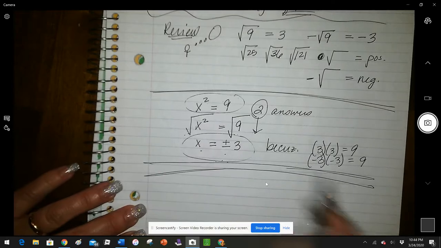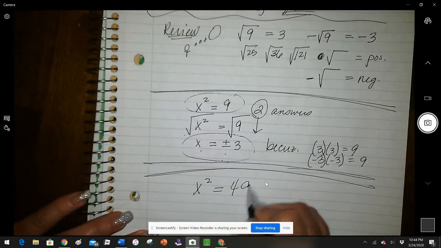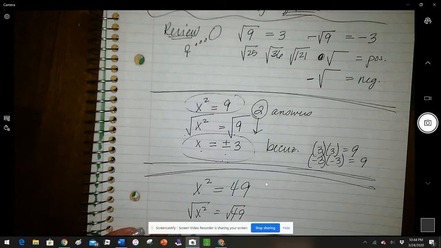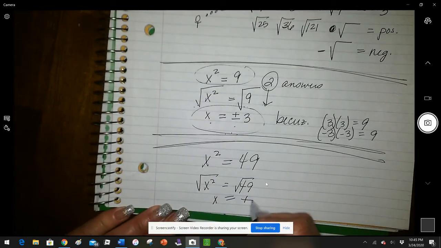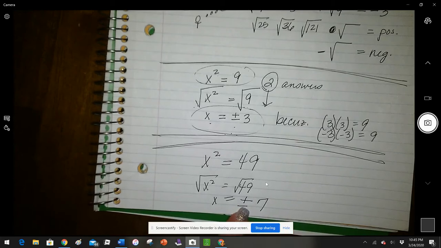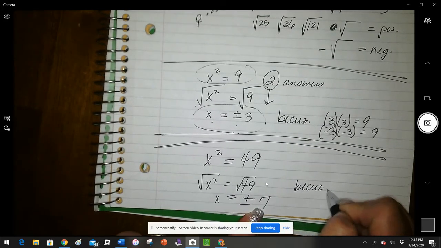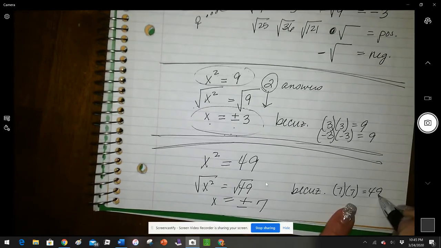Let's do that again. So x squared equals 49. Okay, if I'm going to square root both sides, again, I'm going to end up with two answers, positive and negative 7, because positive 7 times positive 7 is 49.